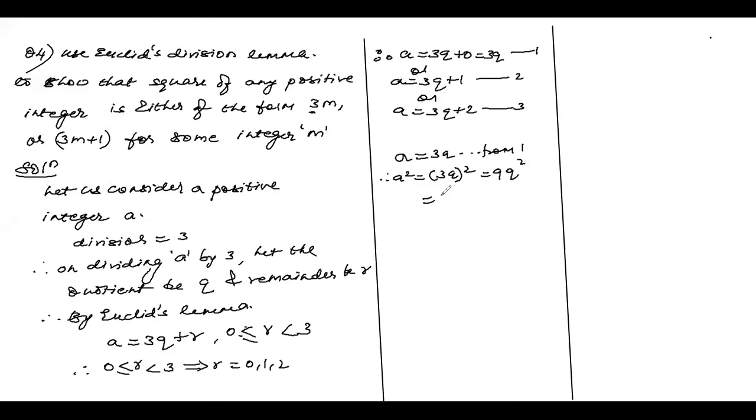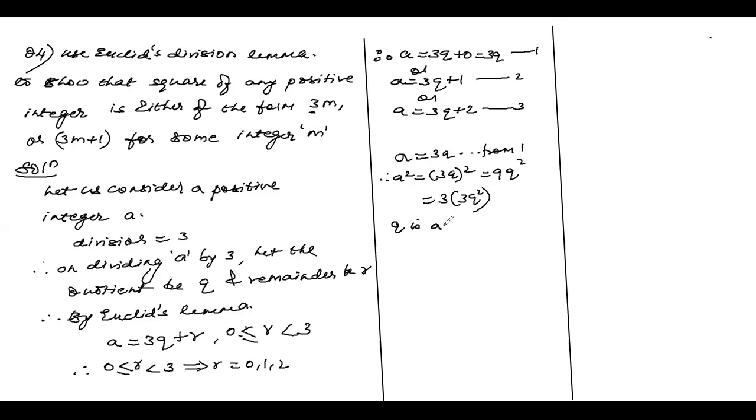This 9 I can purposely write as 3 into 3q square. So a square equals 3 into 3q square. Now remember, q is any integer.